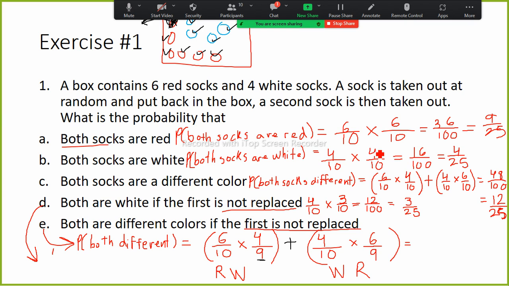Now, I guess it's C where things start to shake up. So probability of both colors being different. Explain this portion to me. Why do we have 6/10 times 4/10?